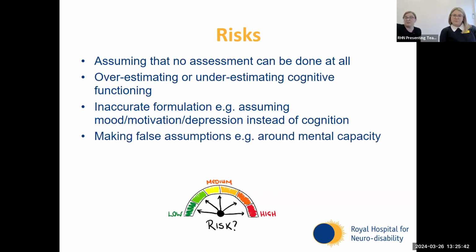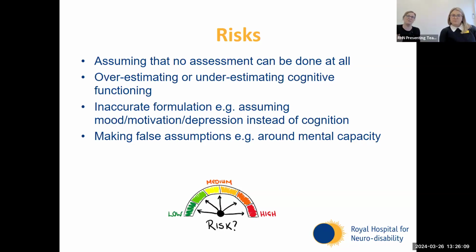False assumptions is obviously a risk, and where it's mental capacity, obviously this is a really, really significant thing, because we all know that we should be presuming mental capacity for all of our patients unless we've got reason not to, but that if we do need to assess capacity, we've actually got to do all practicable steps to support people to make their own decisions wherever possible, and to appreciate that they may want to make decisions that we would consider to be unwise.